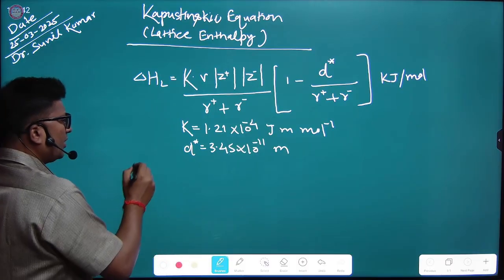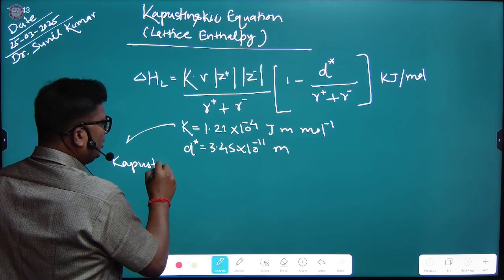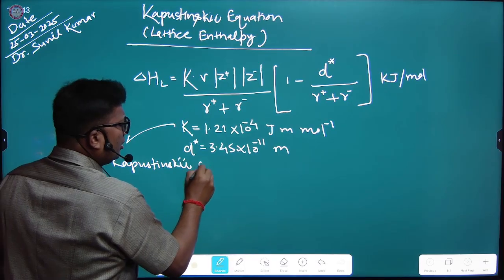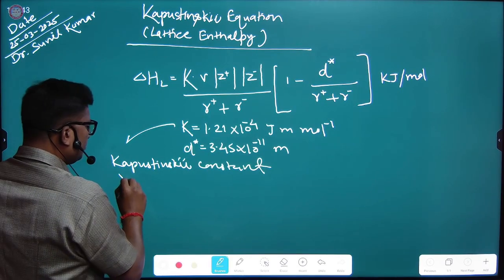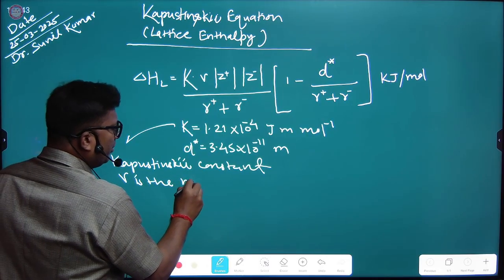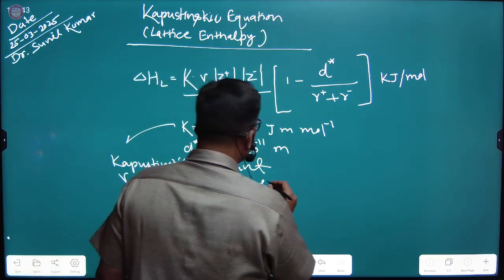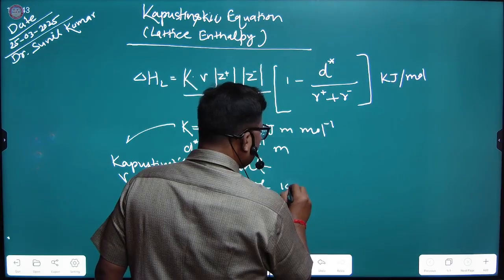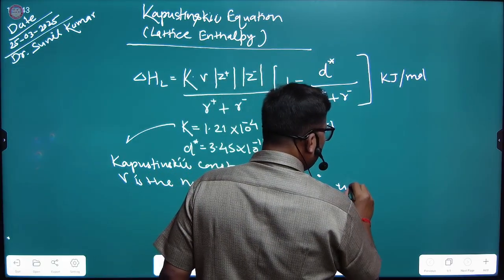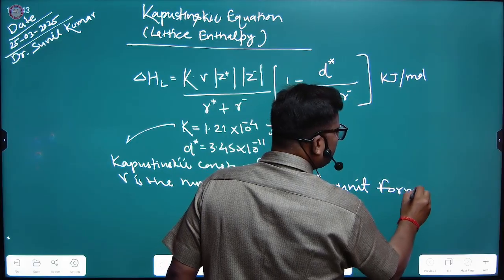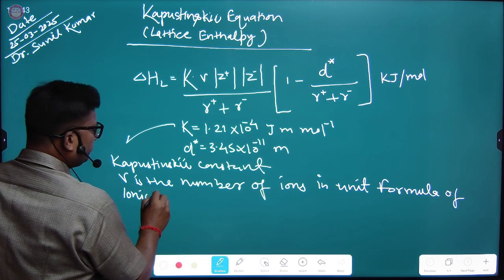K is called the Kapustinskii constant. And ν is the number of ions in the unit formula of the ionic solid, right?